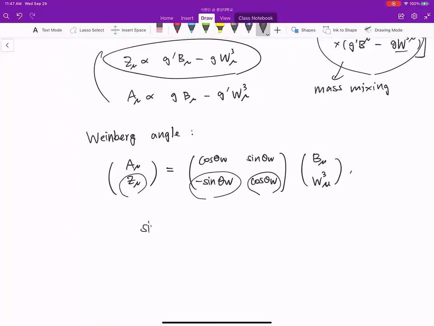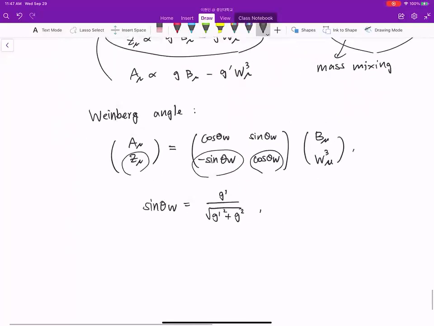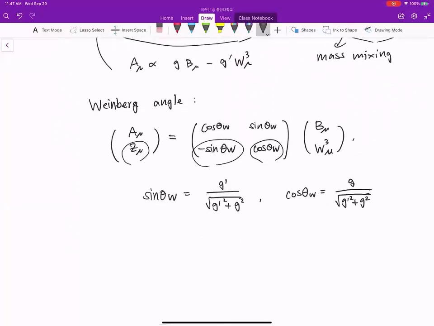So you can identify the normalized Weinberg angle, this way. I think the Weinberg angle determines the mixture of neutral gauge bosons.